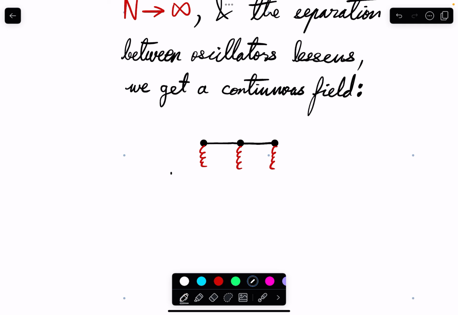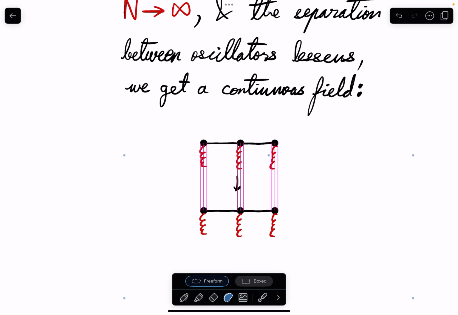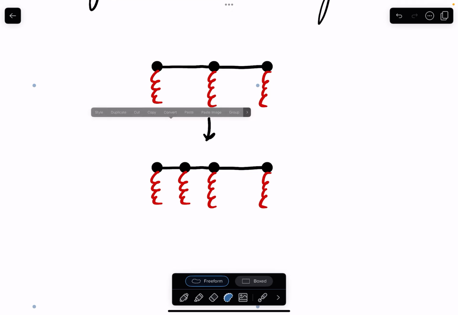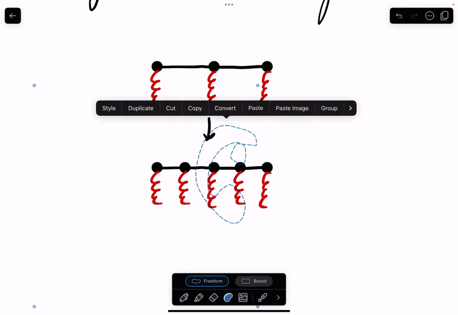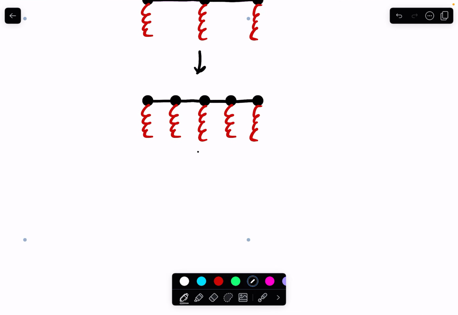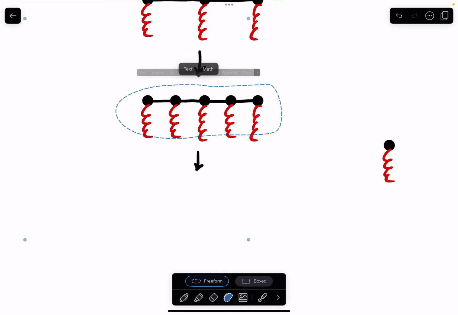Then we can double things. We can have some here. So you can see that there are now more oscillators and the space between them is smaller. And you can do that again.